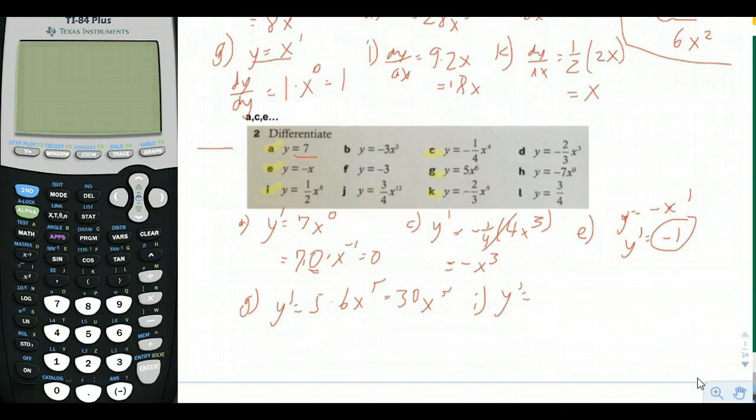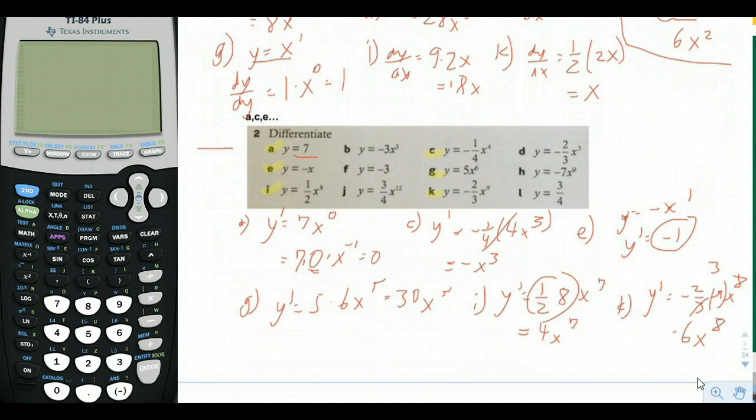Y prime would be equal to 1/2 times 8x to the 7th, which is equal to 4x to the 7th, because these multiply together. And last of all, we have y equals negative 2/3 x to the 9th. We're going to put y prime equals negative 2/3 times 9x to the 8th. And these kind of cancel out. You're left with 3. You get negative 6x to the 8th.